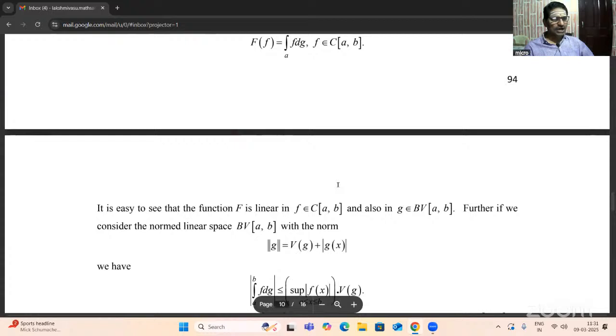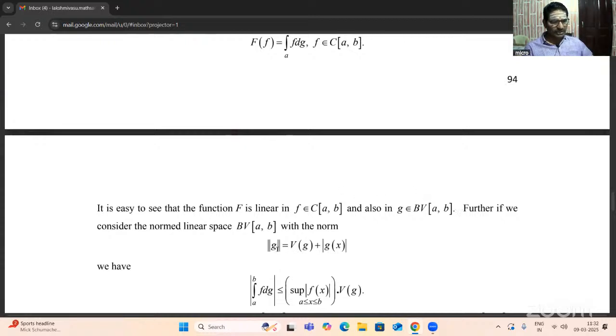Here g is also of bounded variation on the interval [a,b].